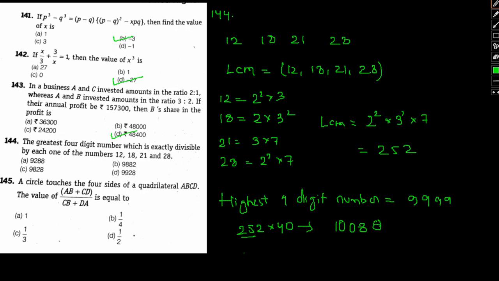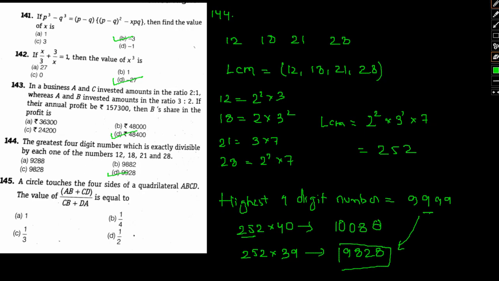So therefore the highest 4-digit number will naturally be 252 into 39. That would come out to be 9828. So 9828 is the answer. Okay, I hope this is clear. It's just less than 10080, 9828.